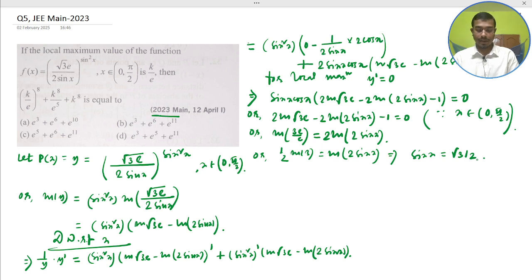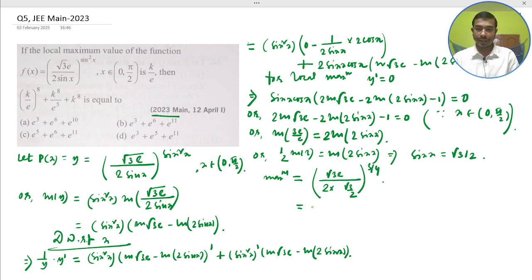So the local maximum value would be what? The √3 divided by 2 into √3/2 to the power what? 3/4. That is equal to what?